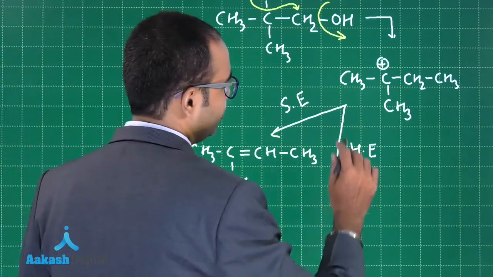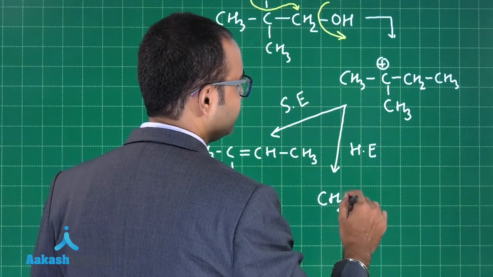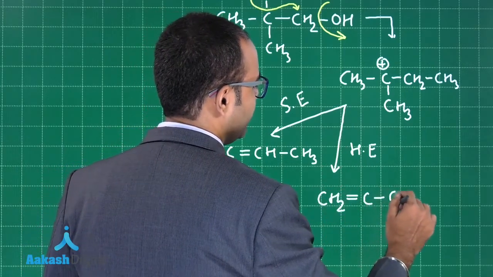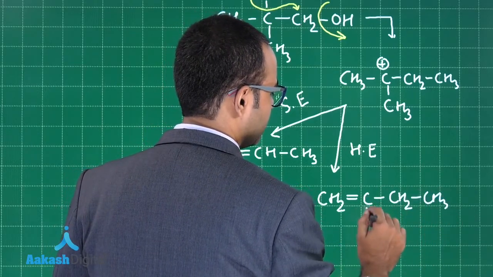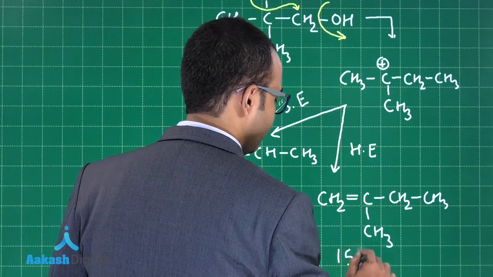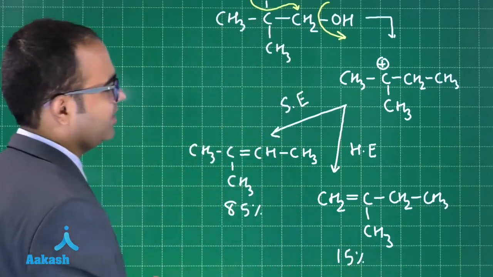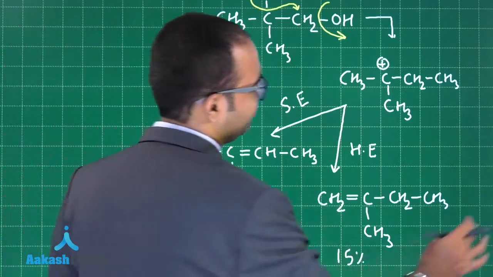If you are talking about Hofmann, you will remove hydrogen from CH3. So this will give you this product, which is only 15%, guys. So these are your two products. This is 85%, this is 15%.